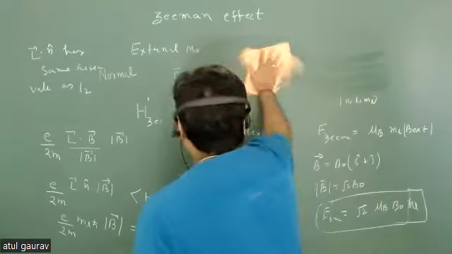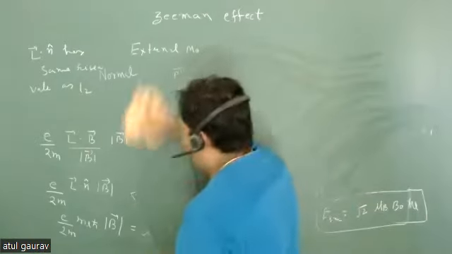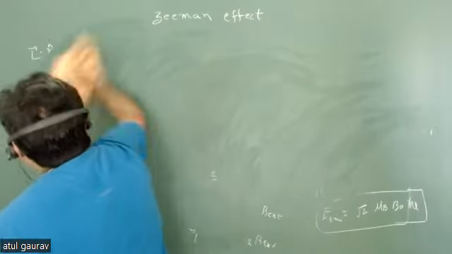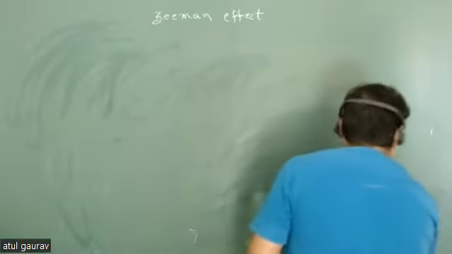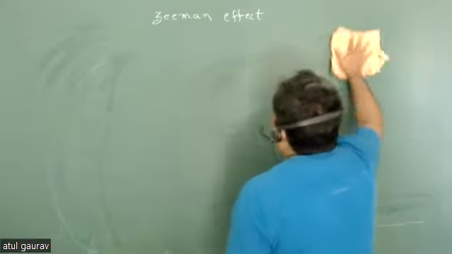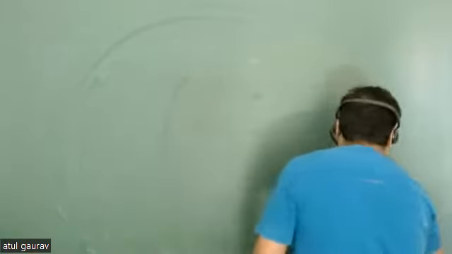Mainly there are three types of Zeeman effect: weak Zeeman effect, strong Zeeman effect, which is popularly known as Paschen-Back, and the intermediate Zeeman effect, but that is not in our course more or less; it is a little tougher part.